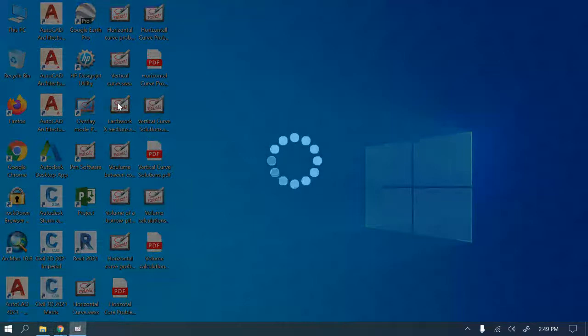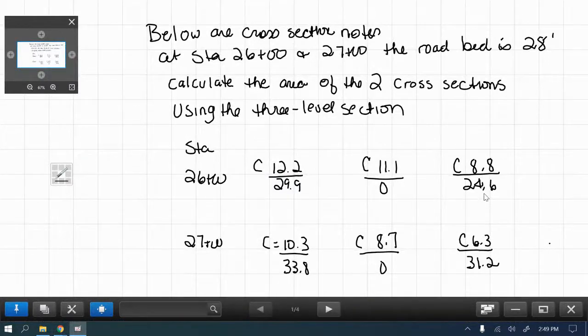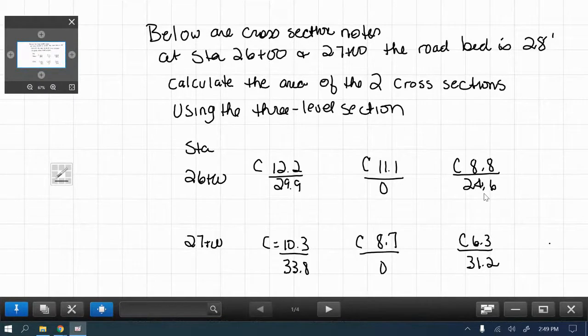All right, this is the next problem I'm going to do. This is one that was like the online assignment. I saw some people make silly mistakes, and I saw some that didn't have a clue what they were doing. So you've got a grade in there now for this one.